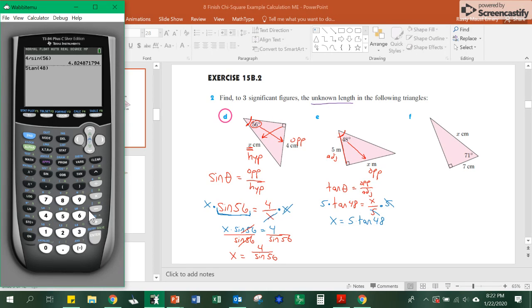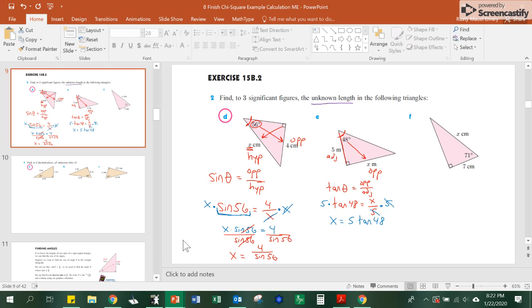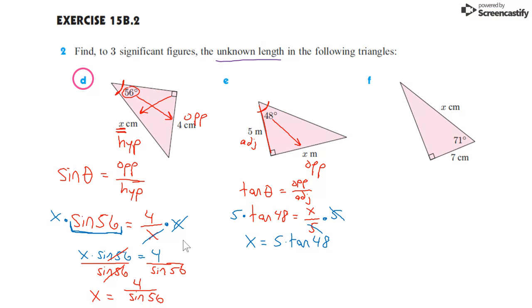I like to get in the habit of closing that parenthesis. And we get 5.55 to 3 sig figs.